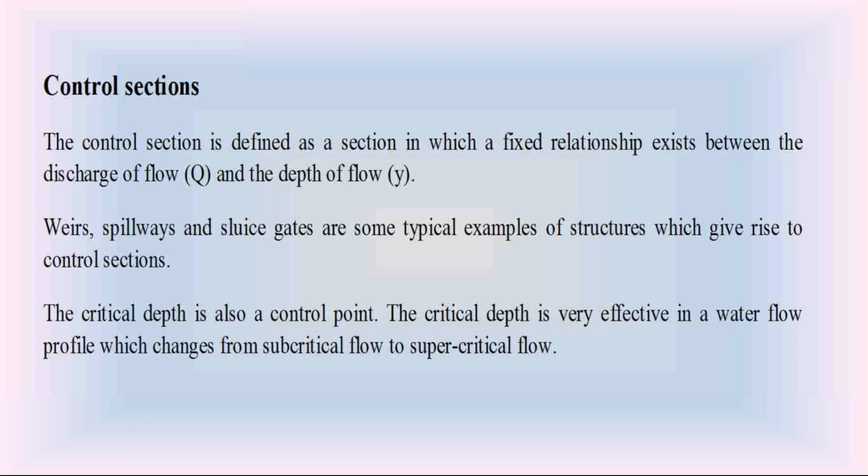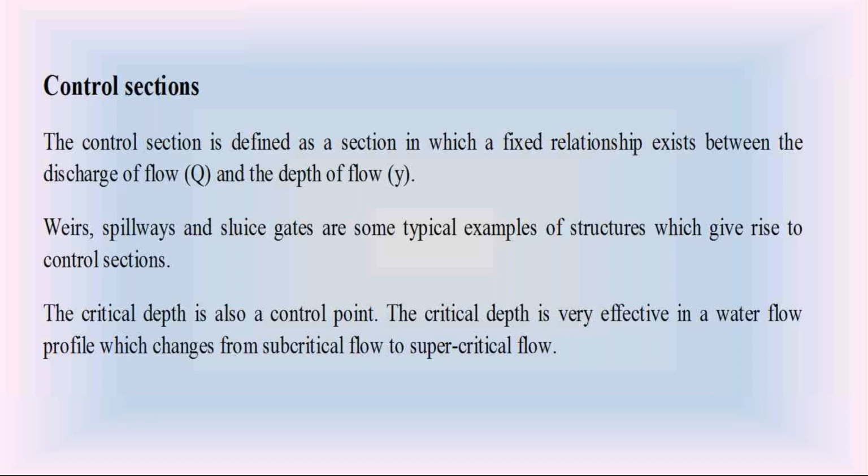So in the open channels, the weir is an example of control section. The spillway is an example of control section. By knowing the depth of flow over the spillway, you can calculate the discharge Q from that spillway, and also sluice gates. In all these examples, there is a relationship between the depth of flow and the discharge.